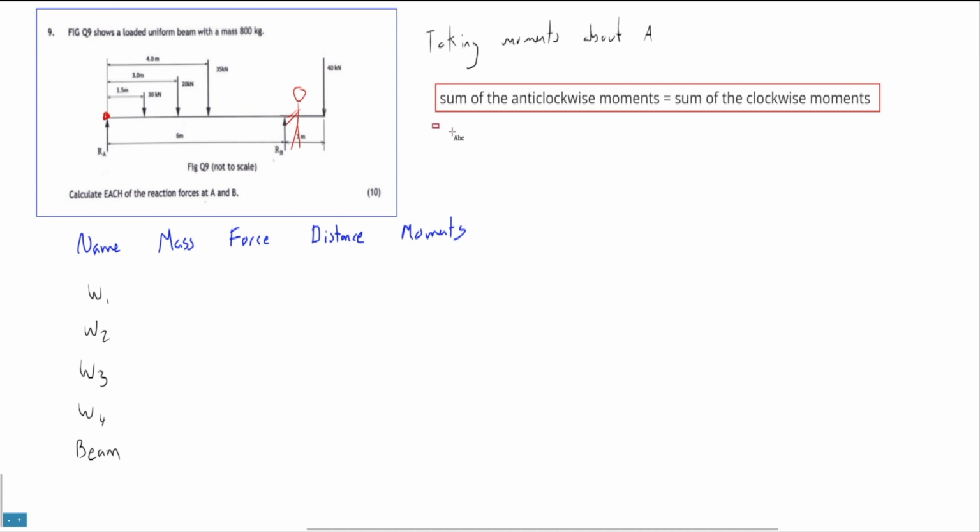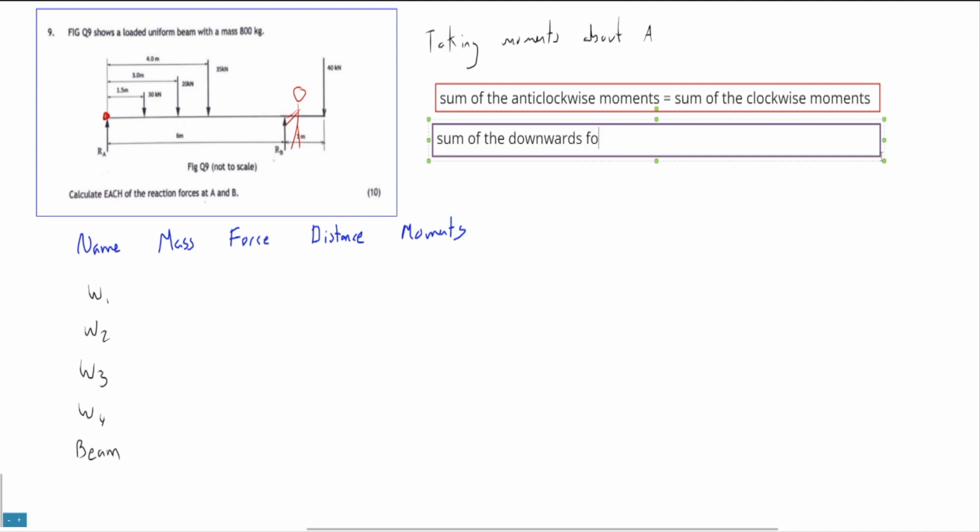We need to be clear about what we're doing. Also, I can just say the sum of the downwards forces should be equal to the sum of the upwards forces, because everything pushing down should be equal to everything pushing up. This thing is not moving. It's in equilibrium. It's not jumping around. It's not spinning or anything like that. Okay, there's our rationale. There's our explanations.